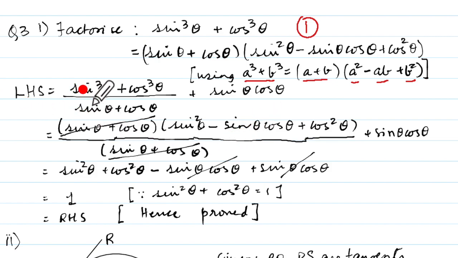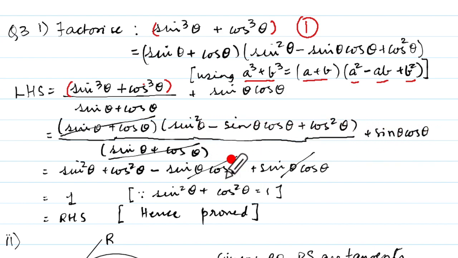Now LHS we copy the way it is. Then the numerator is exactly this. So we substitute the value here, sine theta plus cos theta, and this bracket as sine square theta minus sine theta cos theta plus cos square theta, upon sine theta plus cos theta, and plus sine theta cos theta here. This entire bracket gets cancelled, and we will be left with this and this.